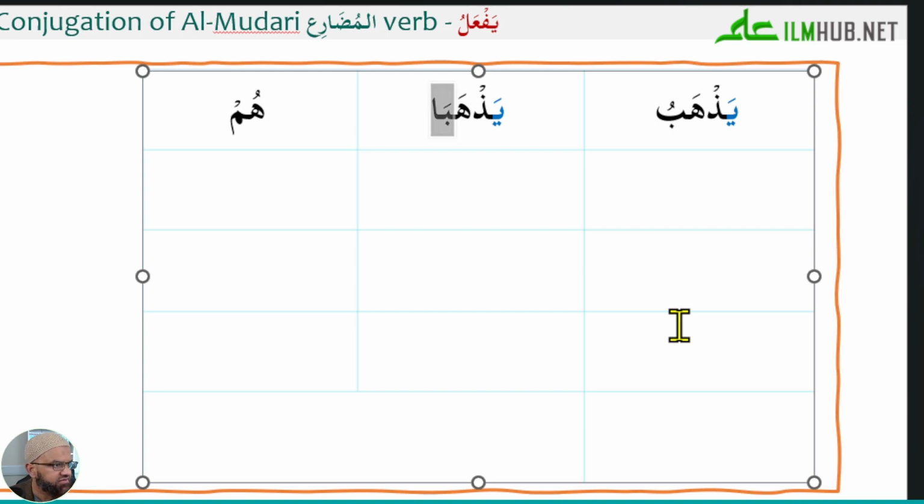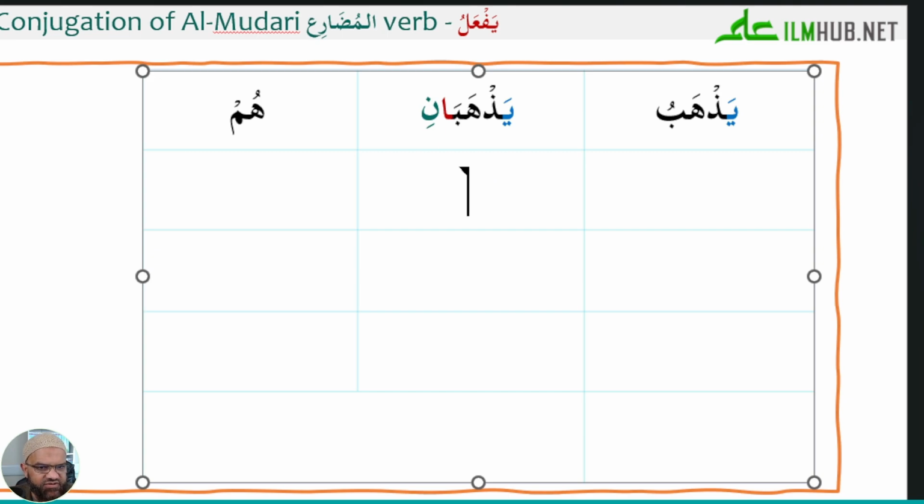So alif prefers the fatha before. So we have yadhhaba. Let's put that in there in red. And then we have the noon afterwards, and I'm going to color that one in green. So that becomes yadhhabani. Huwa yadhhabu. Huma yadhhabani. I hope those two are clear, inshallah ta'ala.